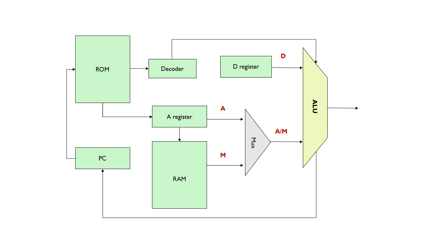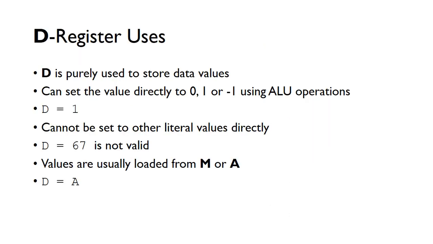So just to summarise, the ALU always does an operation on D, and depending on how this mux is configured, the other input will be either A or M. Now we'll look at how we can use the D register. D is purely used to store data values.